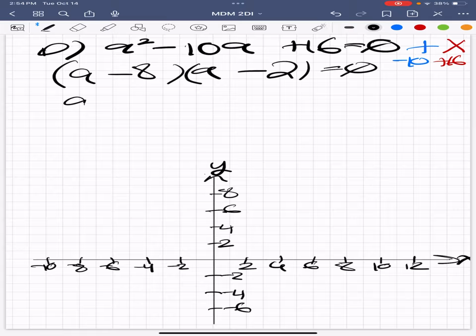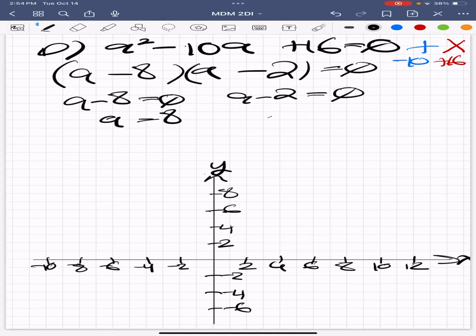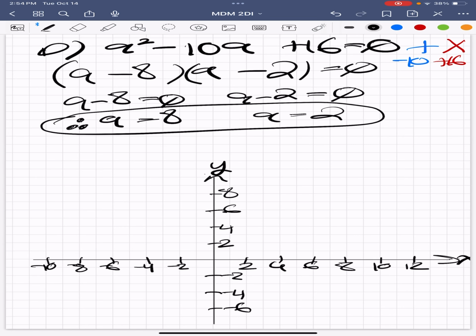And then we set the pieces equal to 0. Then we have a equals 8 and a equals 2. And then that would be our therefore statement. So we have 2 and 8.